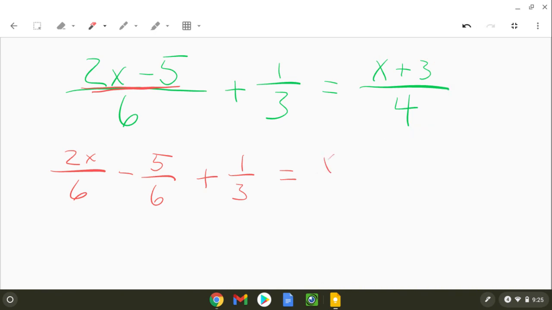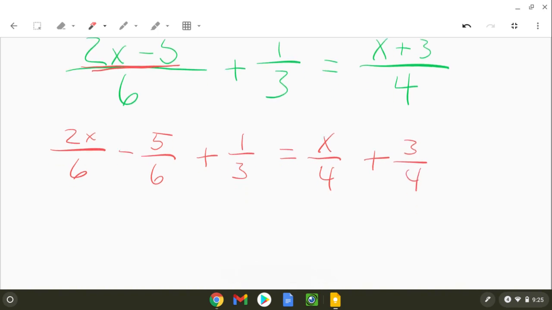It's going to be x over 4 plus 3 over 4. So it looks really bad because there's 5 separate fractions now, but it's up to you whether you like it or not. This keeps you from doing the distributive property, which a lot of you were getting locked up on.